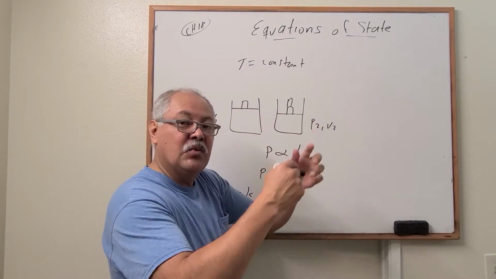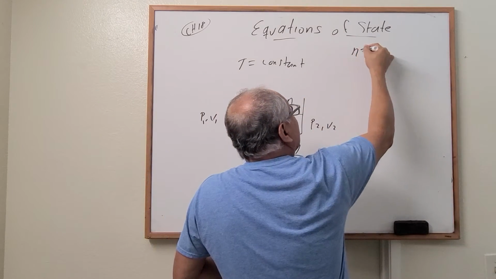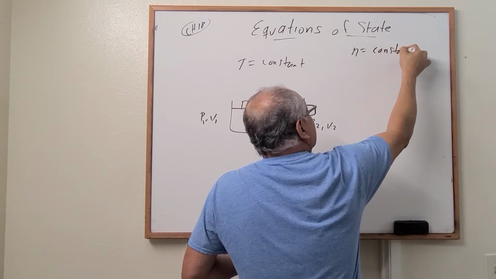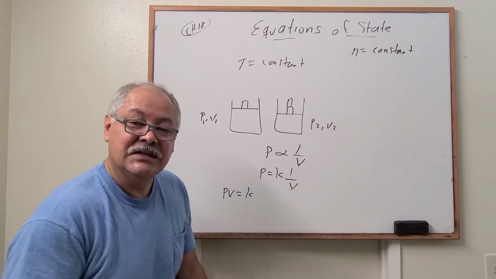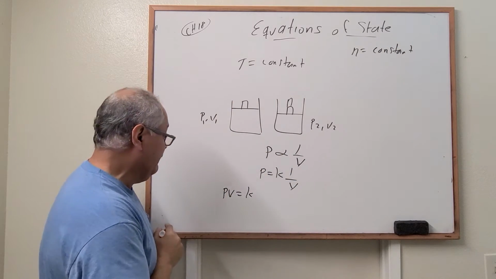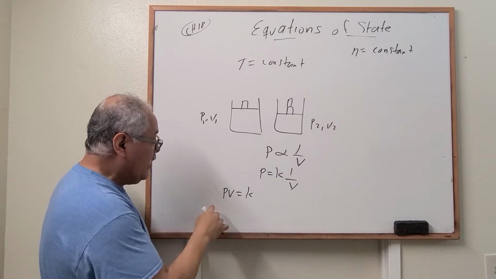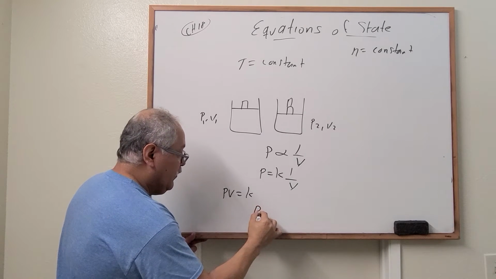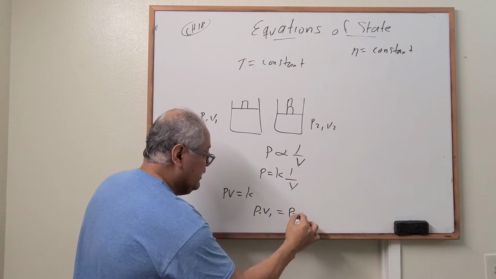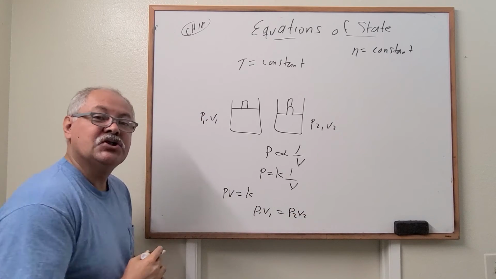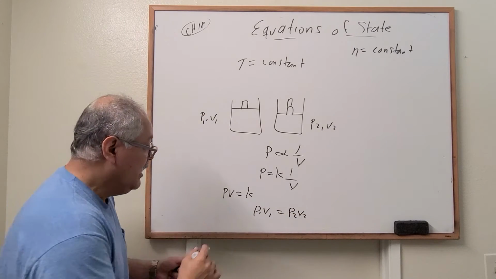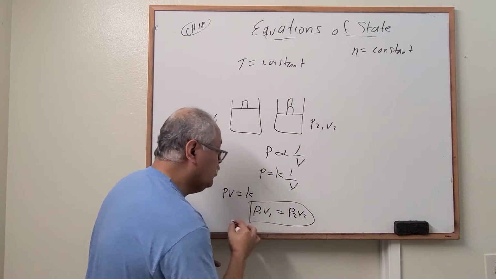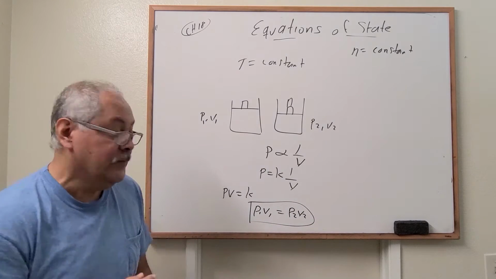Also, in general, the number of moles is also constant for all of these cases. That means condition 1 has the same product as condition 2, and this is called Boyle's law.